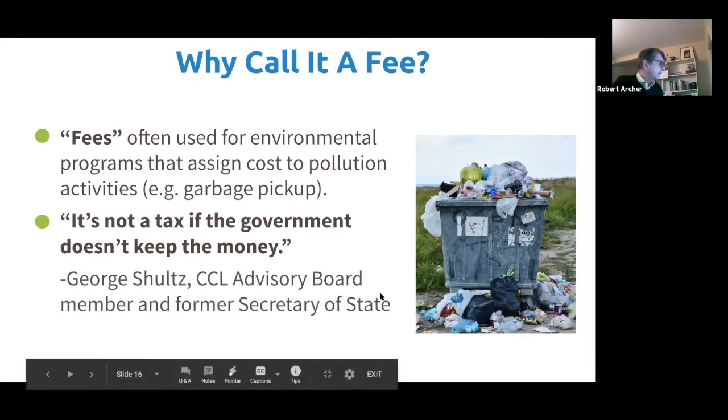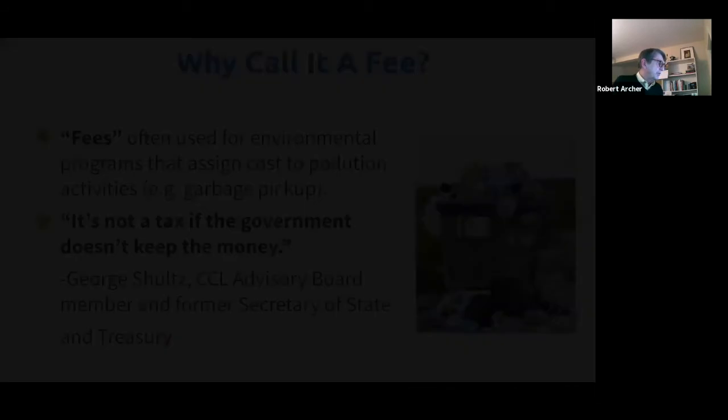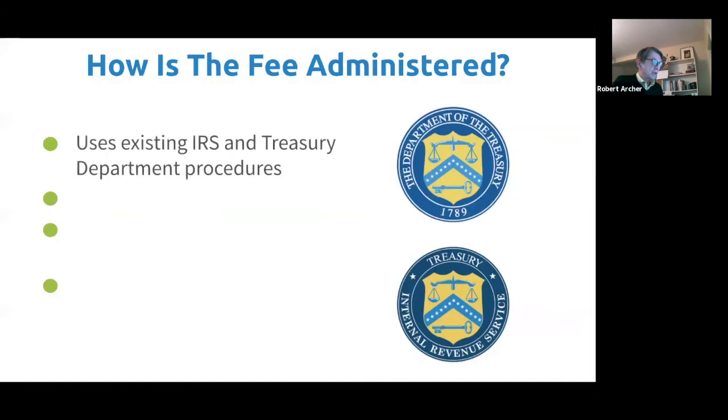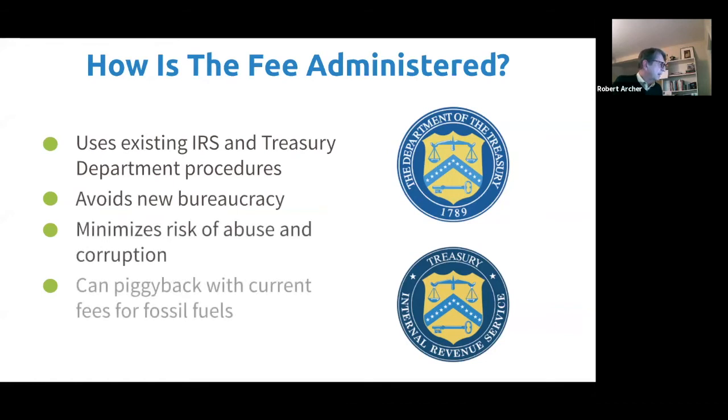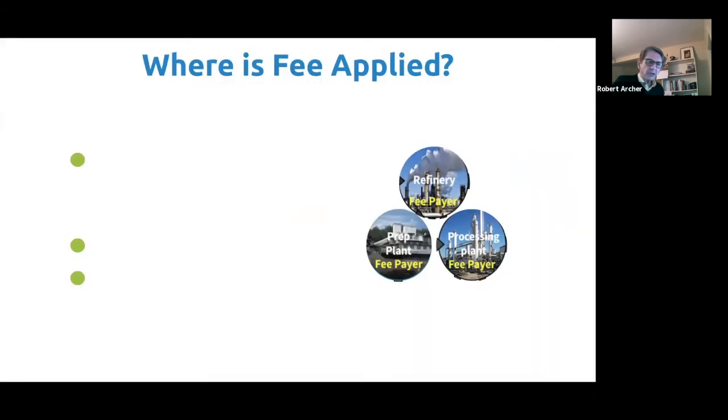How is the fee administered? Carbon fee and dividend can use existing IRS and Treasury Department procedures and avoid creating new bureaucracies and minimize the risk of abuse and corruption. And where is it applied? It's applied upstream, as close as possible to the mine, well, and point of importation.